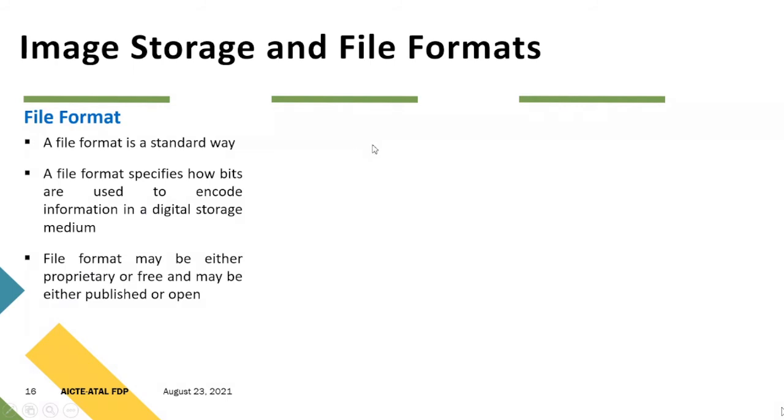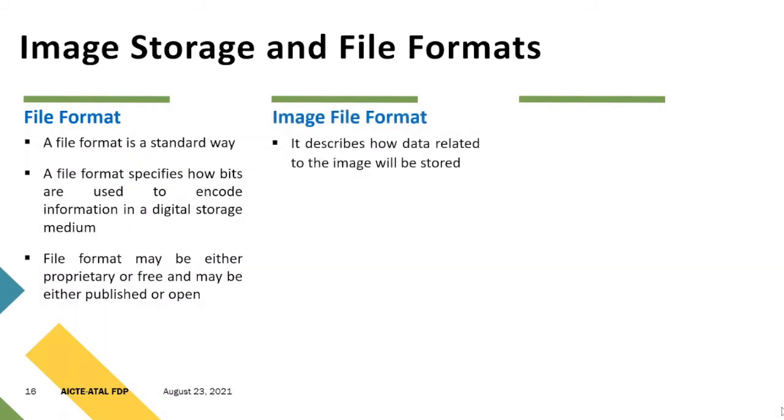Now we are talking about the image, right? So what is an image format? An image format always tells us how the image is going to be stored. It's not that the image is stored randomly or data is pushed in an unmanaged way. So an image file format is related to how it is to be stored.